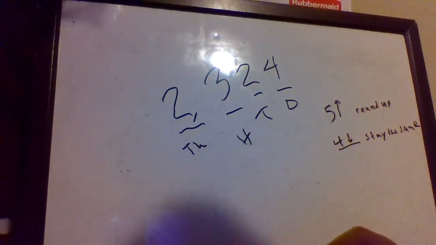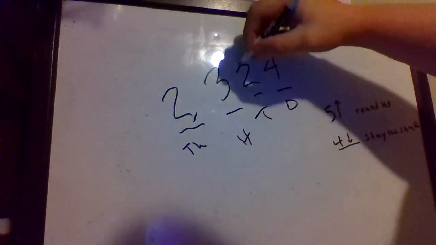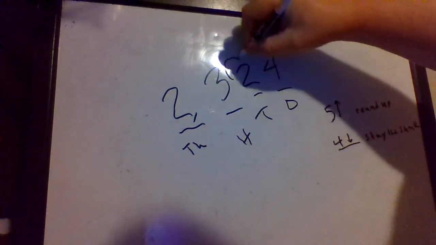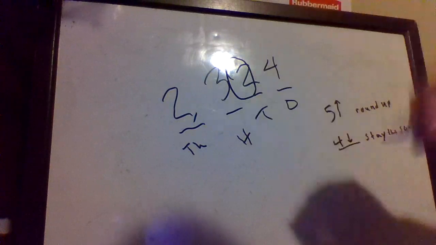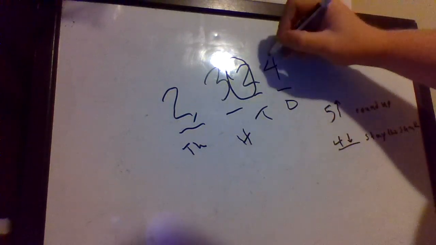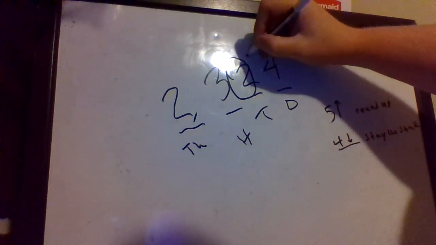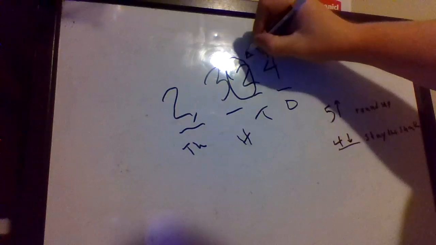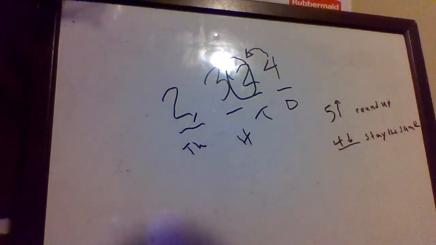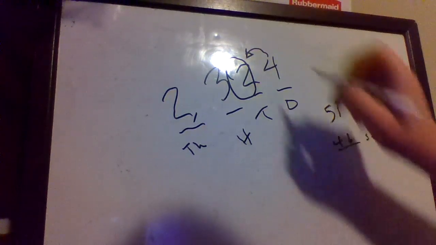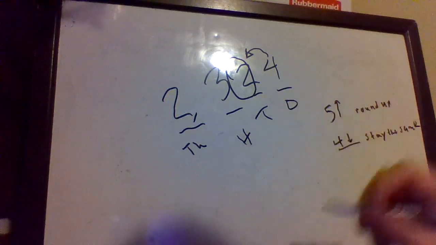So if we round to the nearest 10, we need to decide that the 2 is in the tens place. So the number next to it, which is 4, is going to be our helper number. And is it going to make the 2 round up, or stay the same? Stay the same, because it's 4 or below, and in this case it's 4.